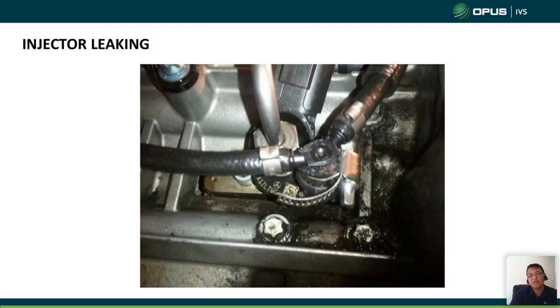And as you can see, like what I mentioned before, this has already been repaired, obviously, because of the new clamp they fitted on the return line of the injector. And in some cases, you will hear a hissing sound in the engine area, and there will be a fuel smell.